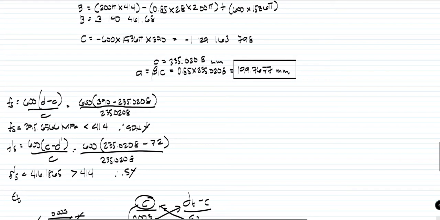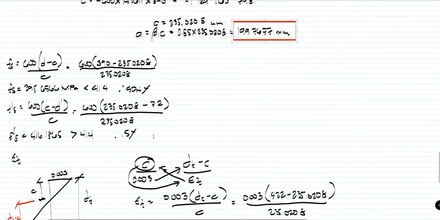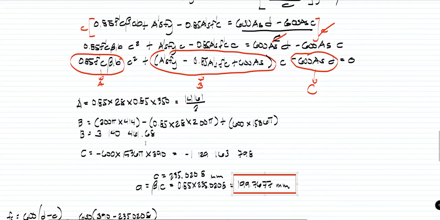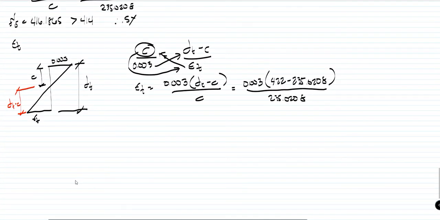Let's double check the values. So the value of epsilon t coming from this equation will be equivalent to 0.002387.